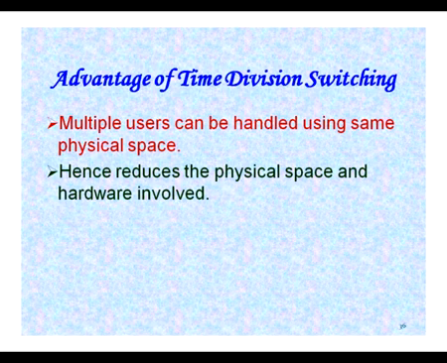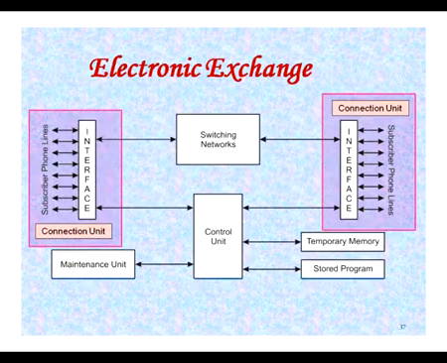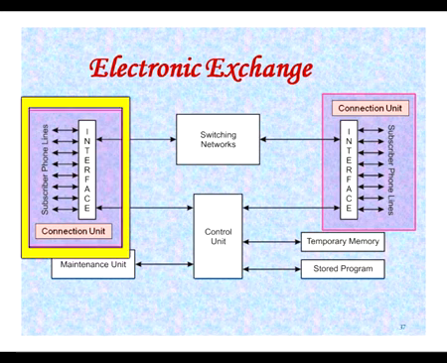The only physical link is between the exchange and the interface unit at the user end, as well as at the outer end, as we will see in the electronic exchange that I am showing you here. Here you have what is called the connection unit. This connection unit is the only one having the subscriber phone lines physically coming in and being connected to the interface.